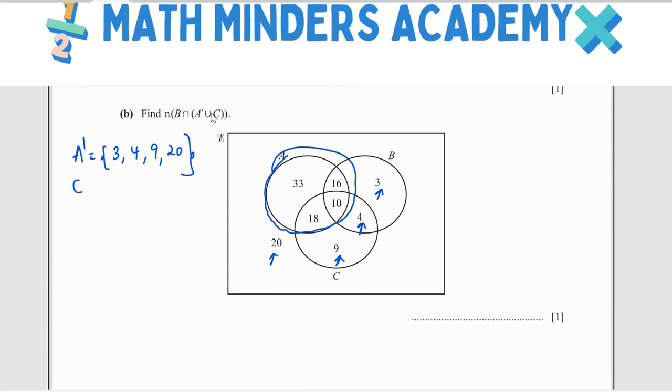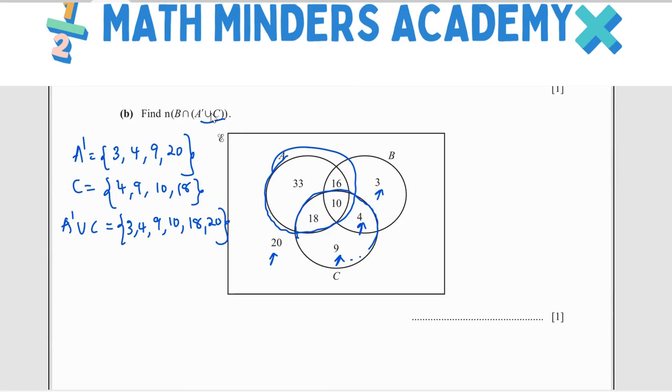Of course, C represents everything inside this circle C. All the numbers inside this circle C are 4, 9, 10, 18, right? If we take the union, A prime union C, we are pulling everything together here. It will give us 3, 4, 9, 10, 18, 20, okay?